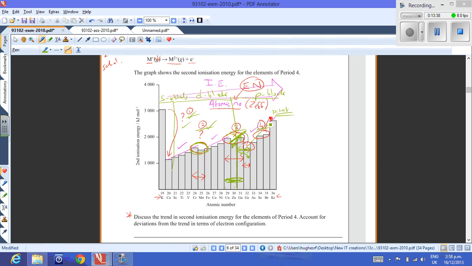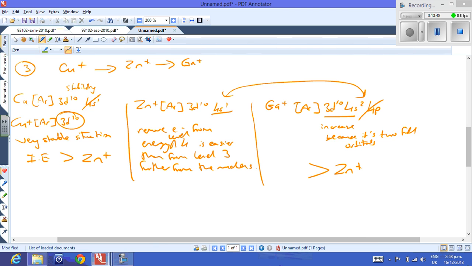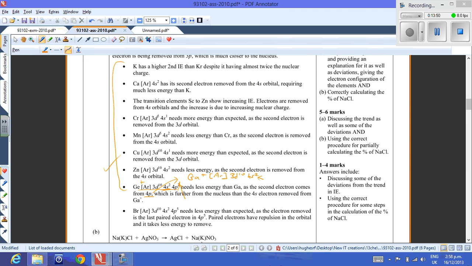And then there's one final thing to point out, which is the similarity in ionization energy for selenium and bromine rather. And that's just explained here as well by the NCEA answer. So bromine has the electron configuration 3d10, 4s2, 4p5. Needs less energy than expected, as the electron removed is the last paired electron in 4p5.